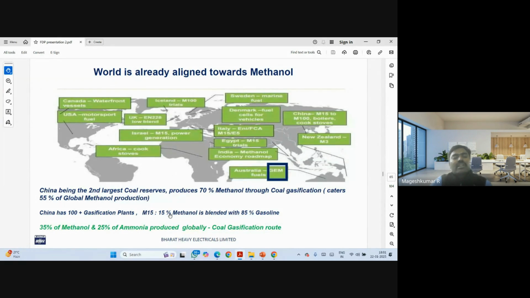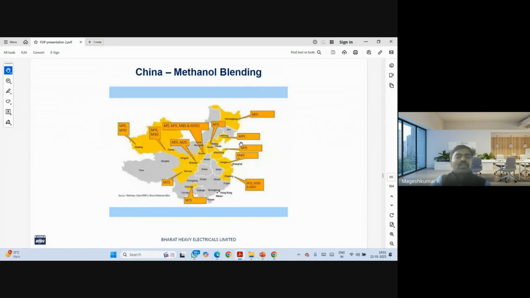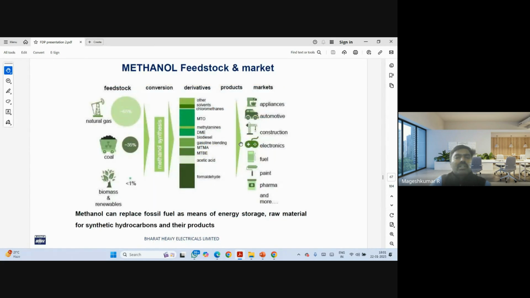And there they are blending 15% methanol with 85% gasoline. So this is what is being done. 35% of the methanol worldwide is produced through gasification. 25% of ammonia produced globally is through the coal gasification route presently. So this is China blending.